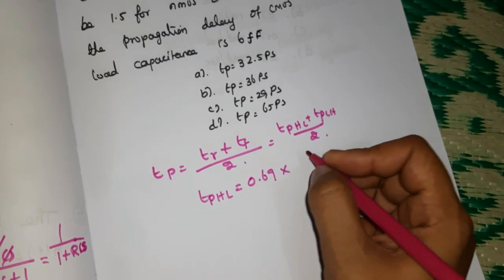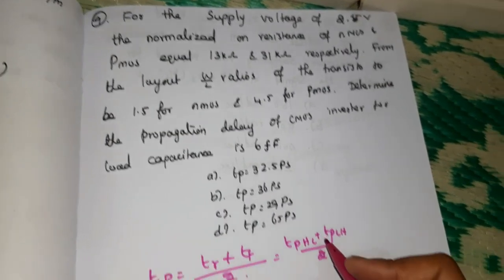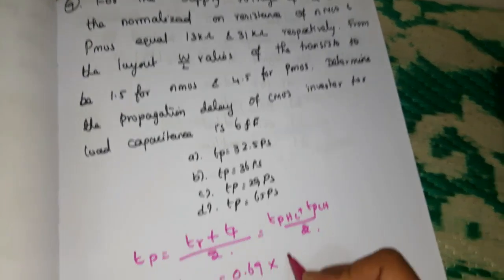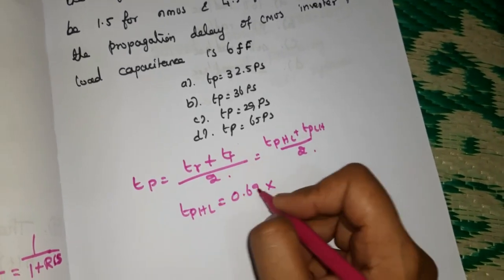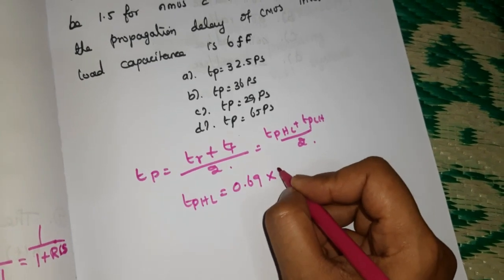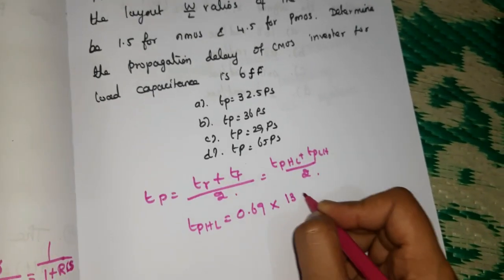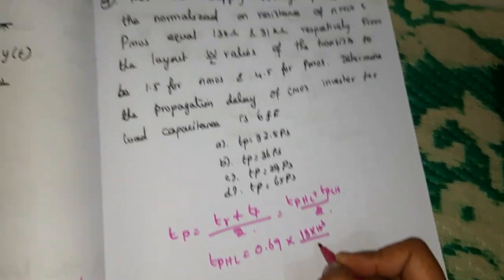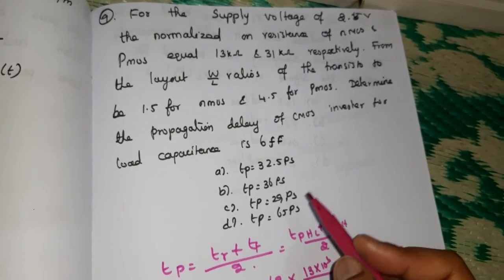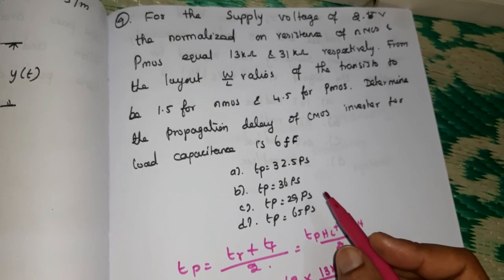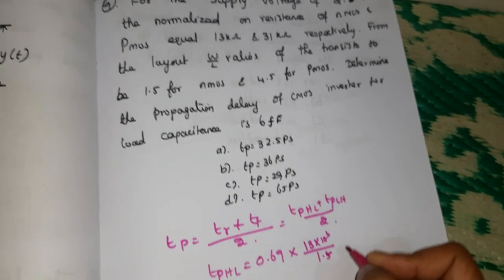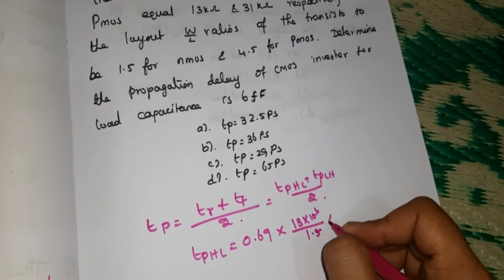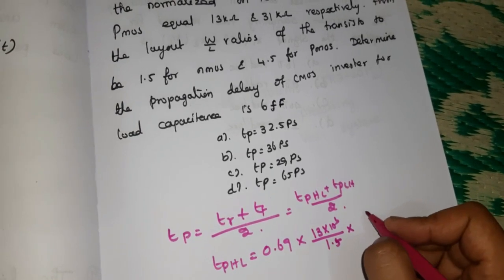So the formula here is 0.69 into the normalized resistance value, that is 13 kilo ohm for NMOS. First we consider NMOS. We divide the normalized value 13 kilo ohm by the W by L ratio, and the value for NMOS is 1.5, into C out.